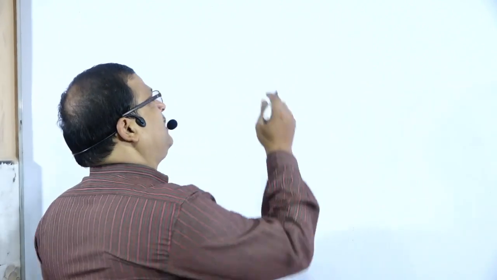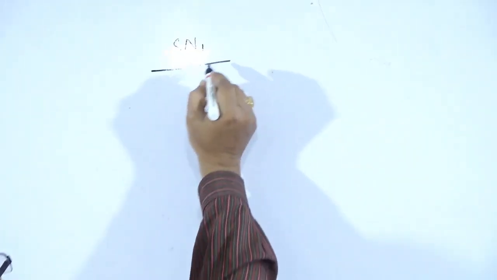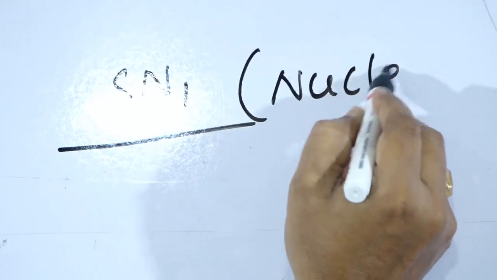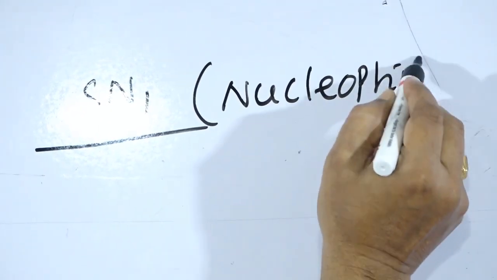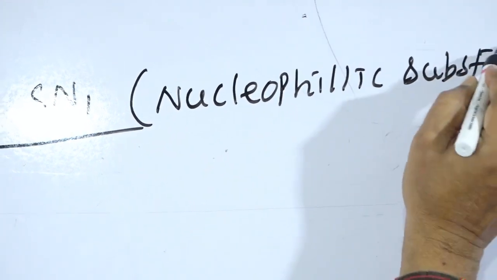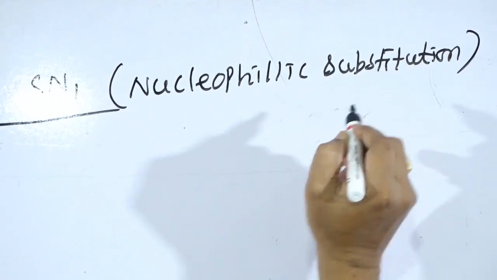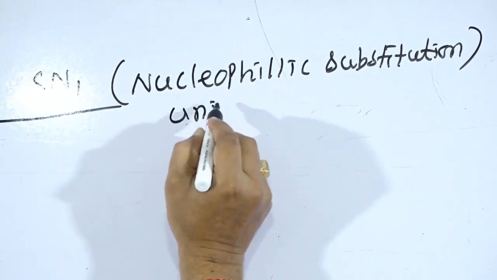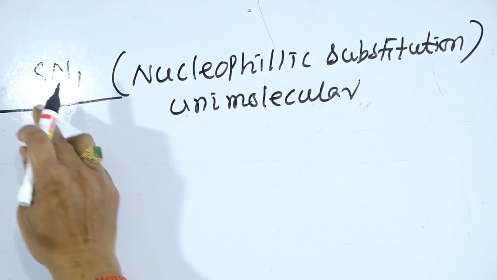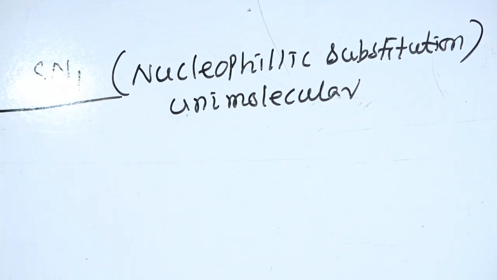The first one is SN1, that is nucleophilic substitution unimolecular, where 1 stands for unimolecular reaction.